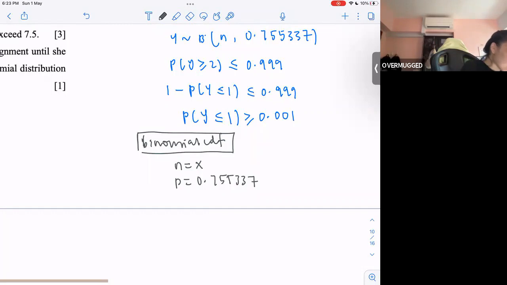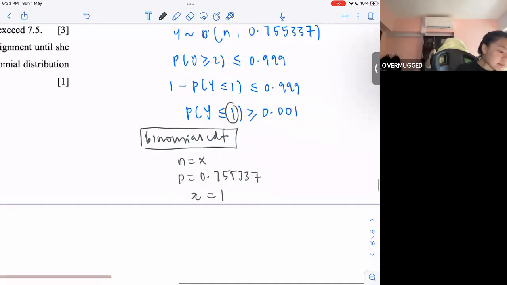And then that will be 1. Your x value is equal to 1.